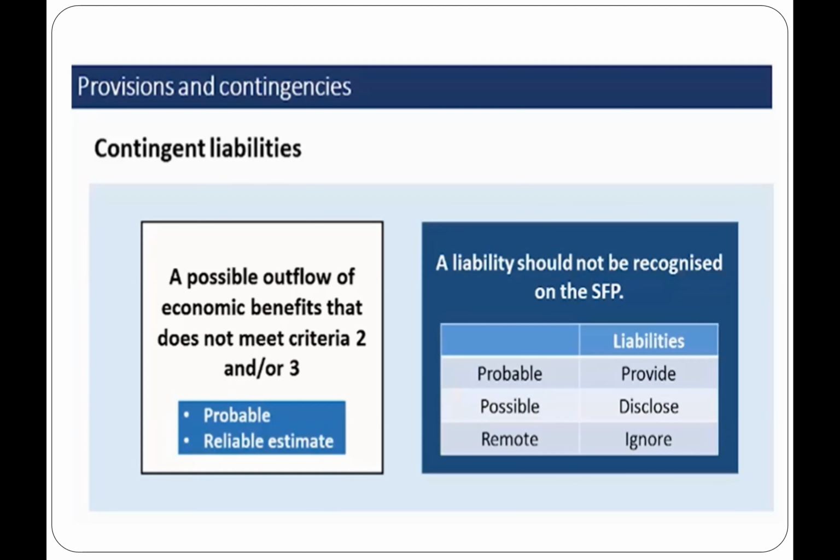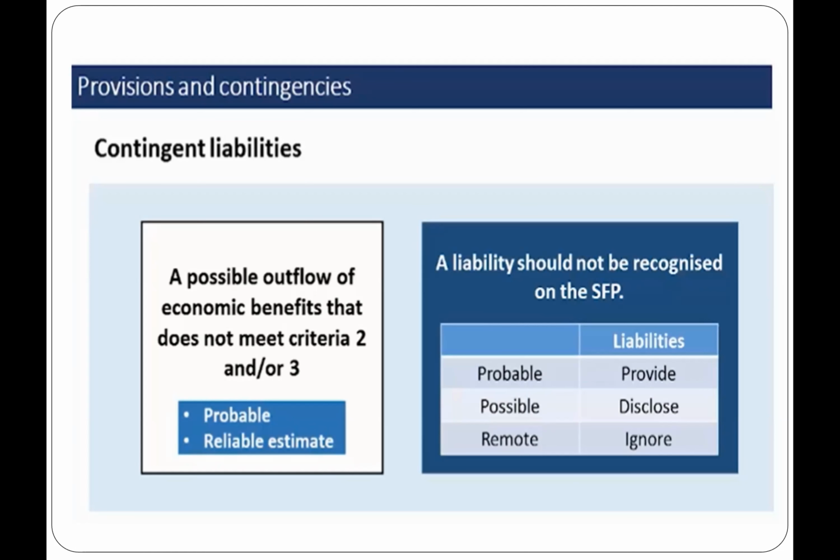So it means you can't put a provision in your balance sheet because the balance sheet requires monetary amounts to be put. It then means what you need to do is to give the users of the financial statements information about that particular aspect, to say, we sold goods to a customer and those goods ended up perhaps giving damage to the customer. The customer has taken us to court.